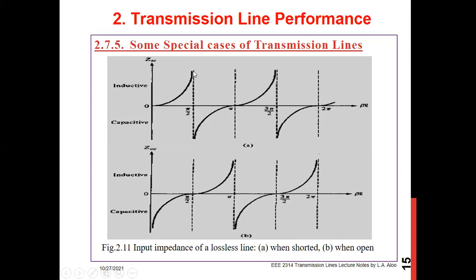Like here, this one will be heading to infinity at that point, heading to infinity this side. Then again, it will be continuous in between, then head to infinity. A plot like this, and the same story is there.